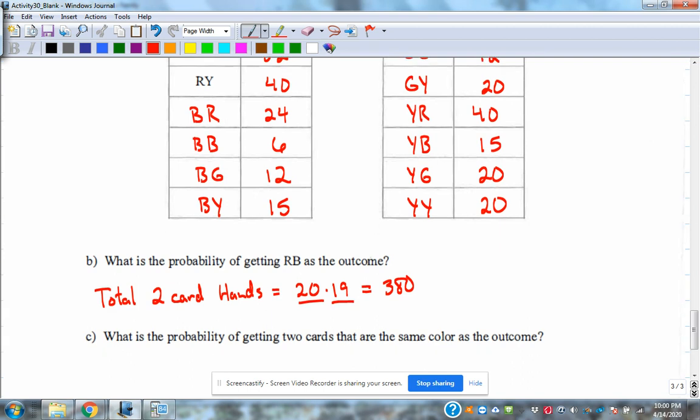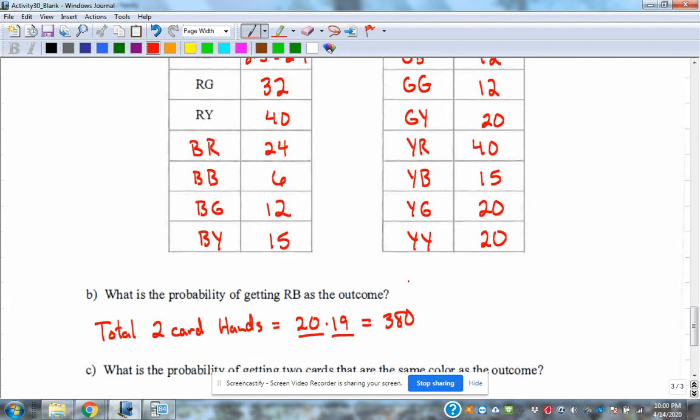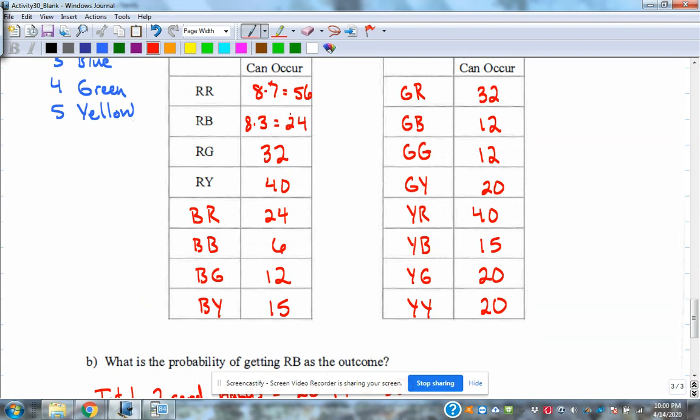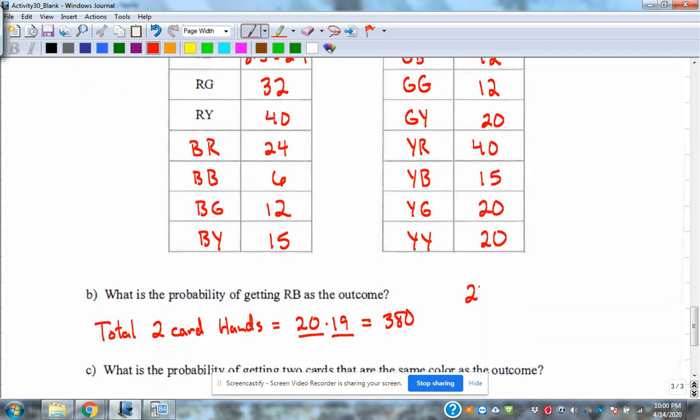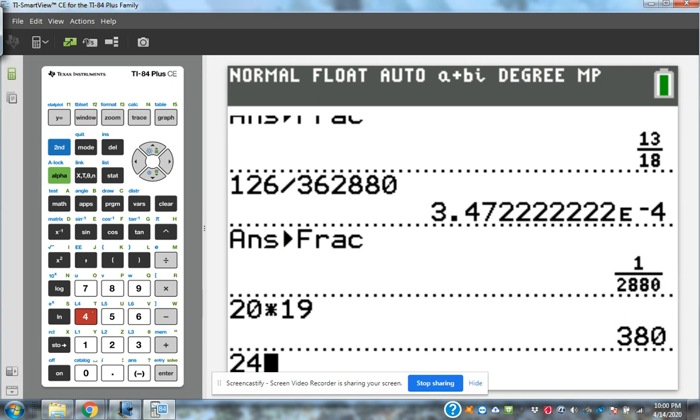And it wants to know red, blue. So we go up here to our chart. We find red, blue. There are 24 of those. And again, it's specifically red, blue, not blue, red. They're not the same thing. And so 24 over 380, we're going to use a calculator to help reduce that.